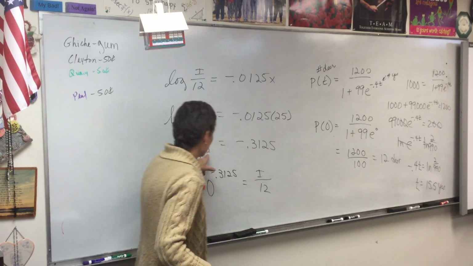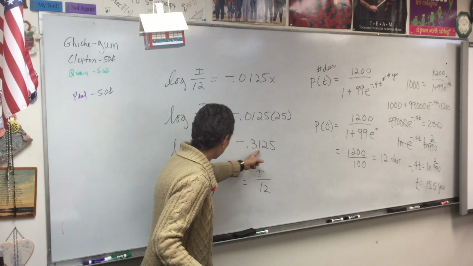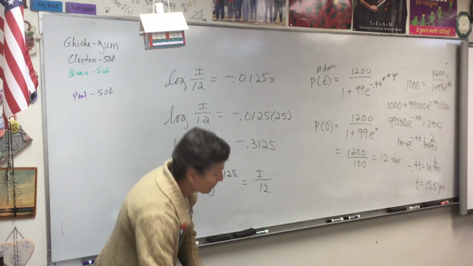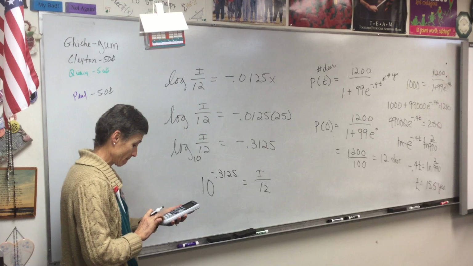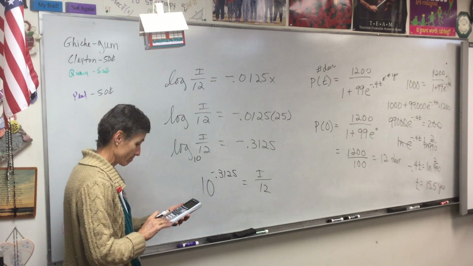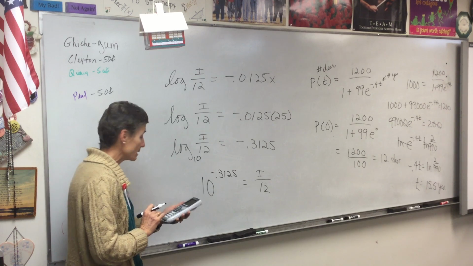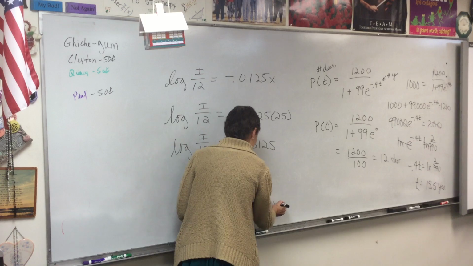You rewrite them as exponents. 10 to the power equals I over 12. That I can type in on my calculator. Right? Times by 12. So my answer is about 5.84.